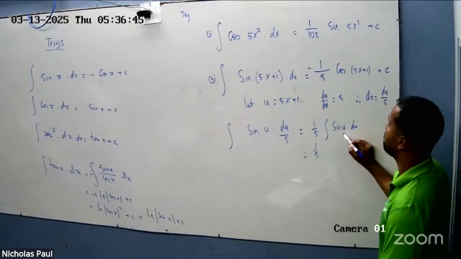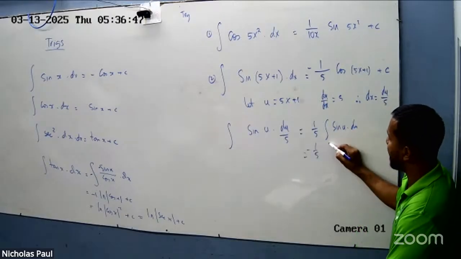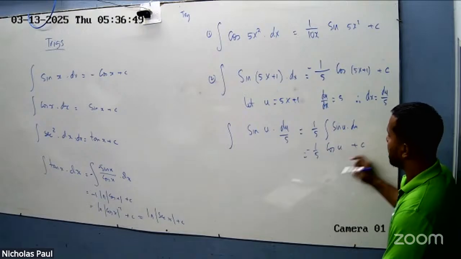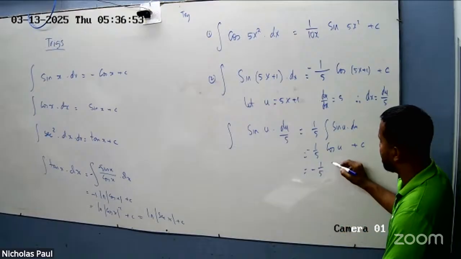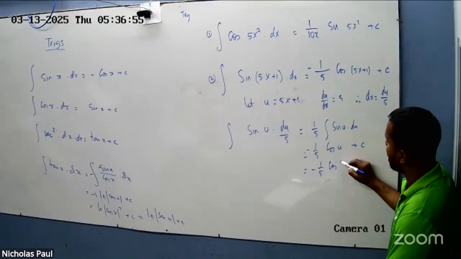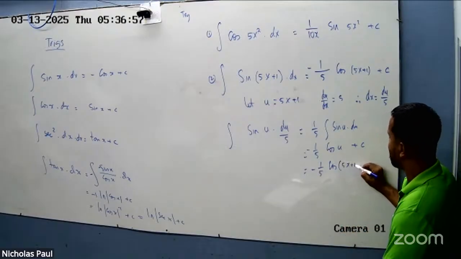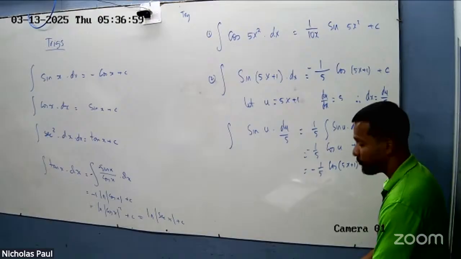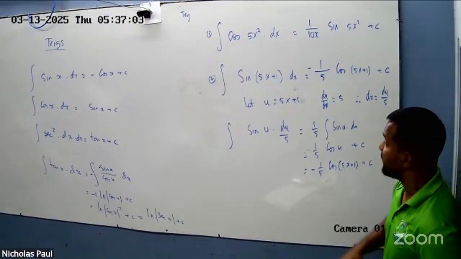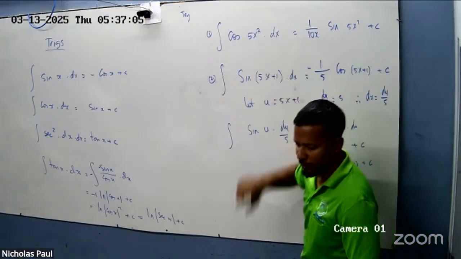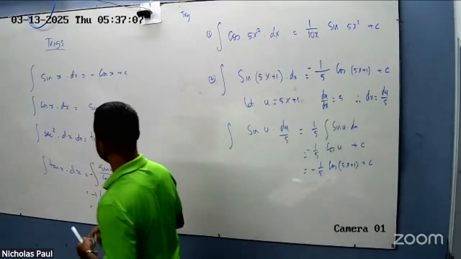What's the integral of sine u? Minus cos u. And then you'll end up with minus 1/5 cos of what u was, 5x plus 1. That's okay? So I'm showing you the way you're supposed to do that.